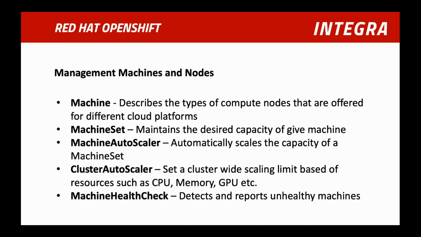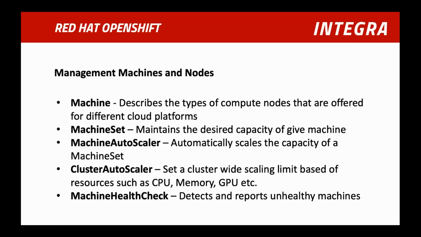You can set the minimum and maximum scaling boundary of nodes in a specific machine set, and machine auto scaling maintains that range of nodes. You can set a cluster-wide scaling limit for resources such as CPU cores, nodes, memory, GPU, and so on, with cluster auto scaling.